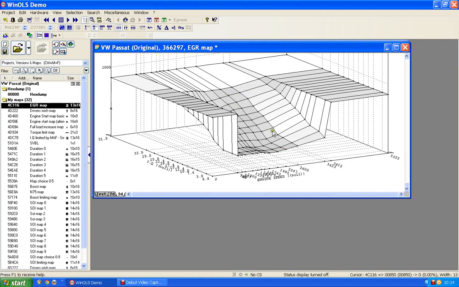And if the value here is supposed to be 250 for the MAF flow and 600 for the EGR flow, and you've changed this map and set it to 850, the ECU will immediately flag an error and the MIL light will come on the dash.